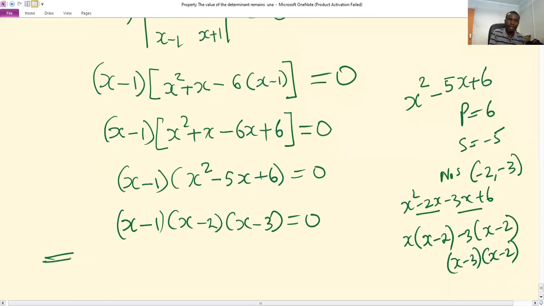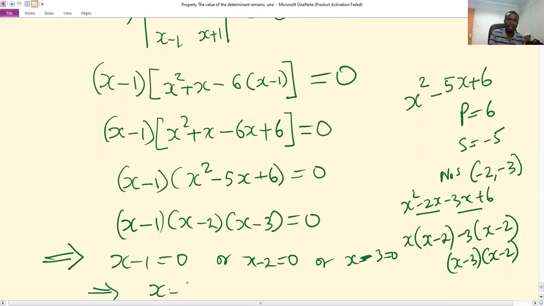So this implies x minus 1 equals 0, or x minus 2 equals 0, or x minus 3 equals 0. And this means x is 1, x is 2, or x is 3. So those are the values for that given problem.